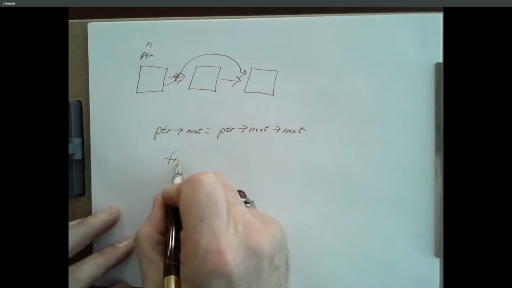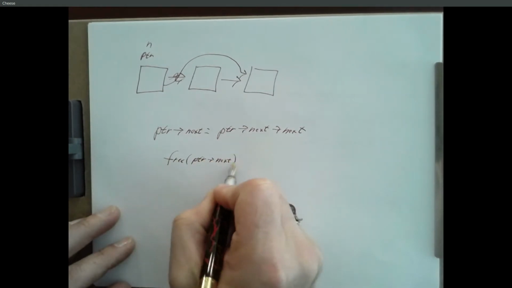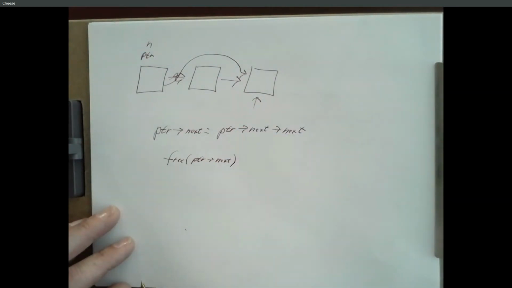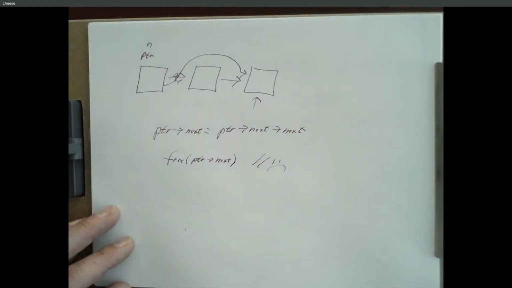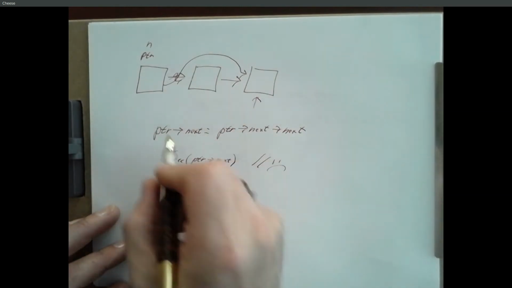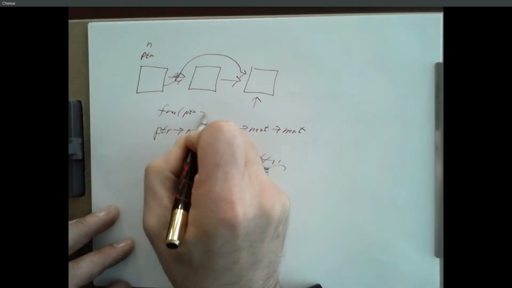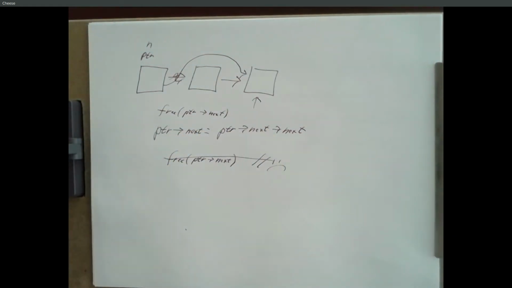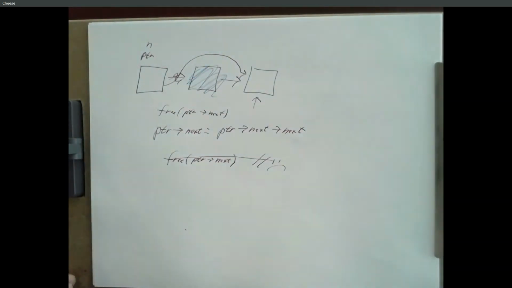If I were to say free pointer next, what am I going to do? I'm going to end up freeing this node, because that's pointer next now. And if I were to free pointer next before I do this, as soon as you free a node, think of that node as no longer existing.